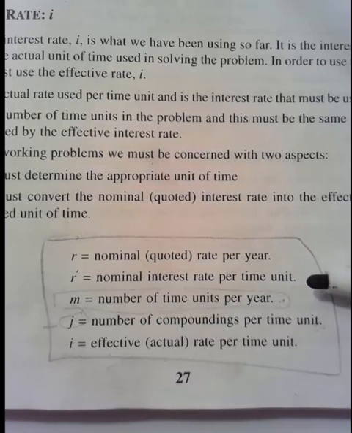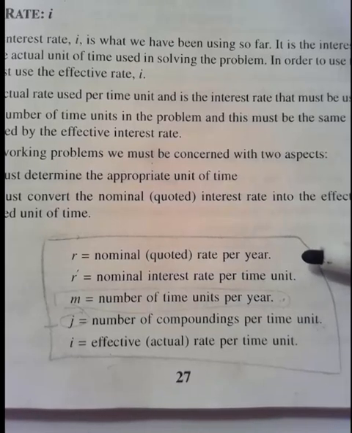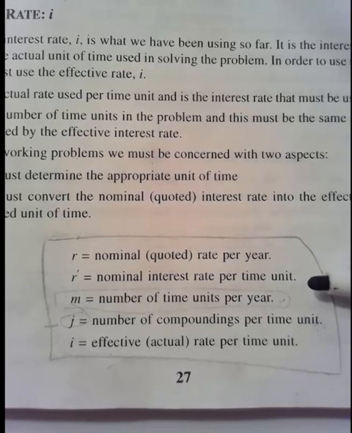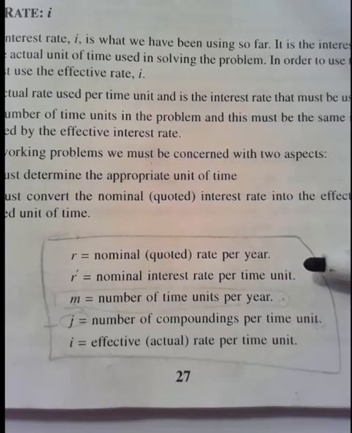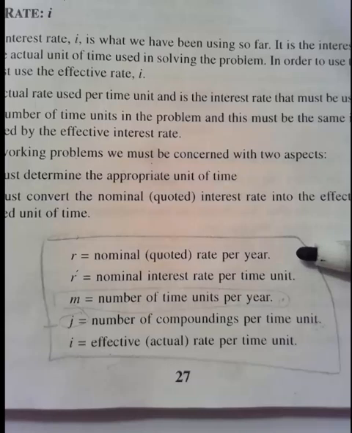Then R prime is the nominal interest rate per time unit. The R and R prime do not need to be the same. For example, if this is the nominal interest rate per year and the time unit is months, then R prime will be equal to R divided by 12.